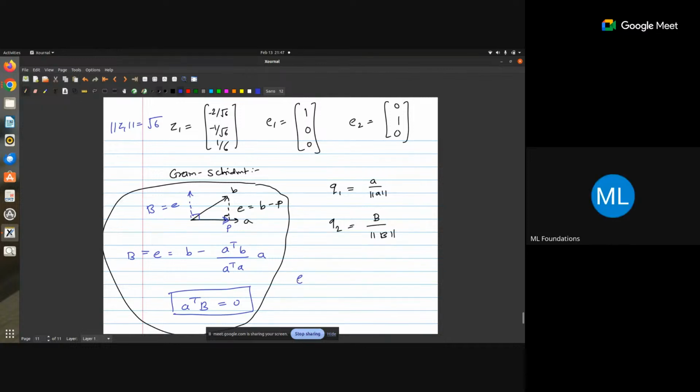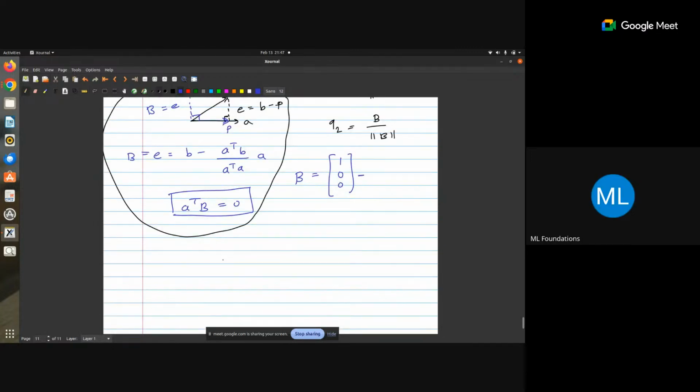So the error vector, or the vector B, is equal to small b, which is 1 0 0, minus A transpose b, which here is Z1 transpose E1, right?